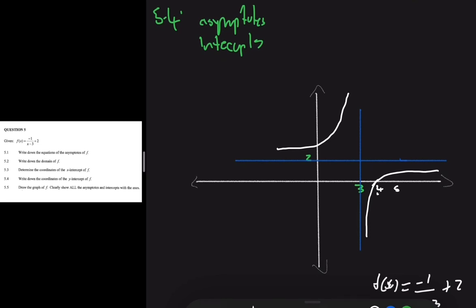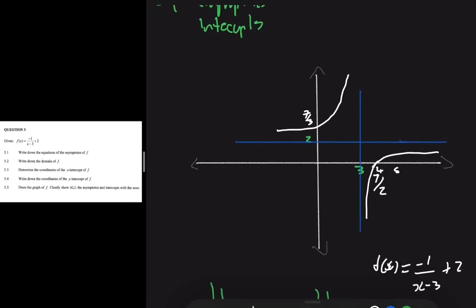For y, it's 7 divided by 3, so I'm assuming 7 divided by 3 somewhere here, and for x it's 7 divided by 2, so I'm assuming it's somewhere here. So we have indicated the asymptotes, we've indicated the intercepts, and that's it for this question.